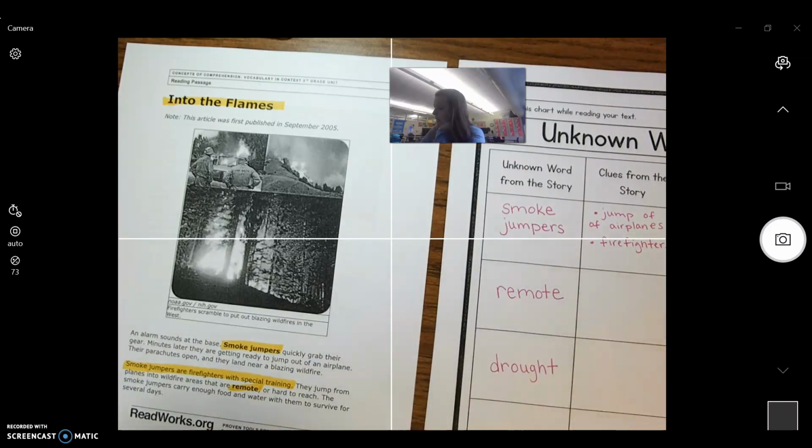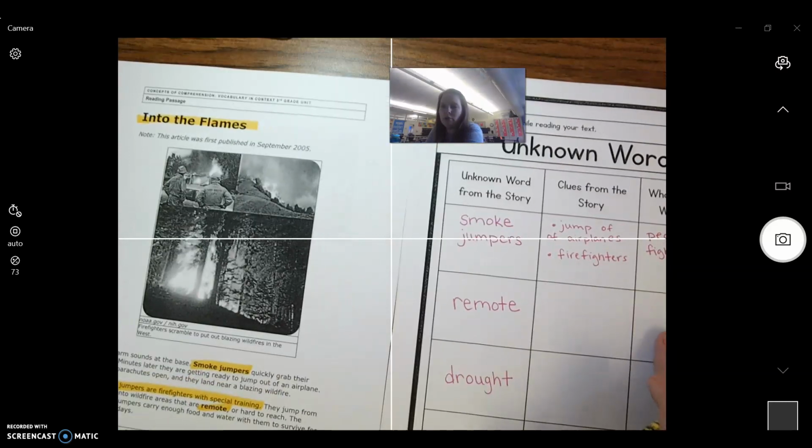Remember, a clue is something that the author might tell us. Now, this is not a TV remote, guys. This has to do with wildfires. And then here, I want you to write down what you think the word means. Go ahead and pause your video.